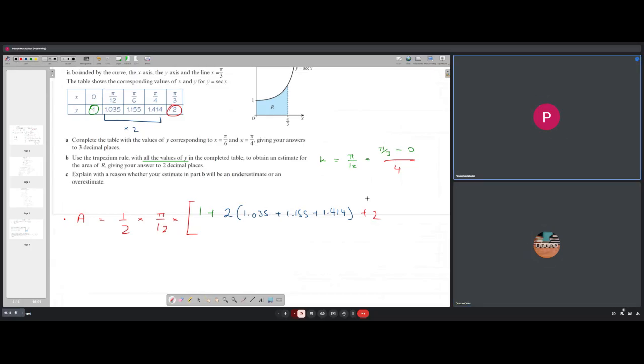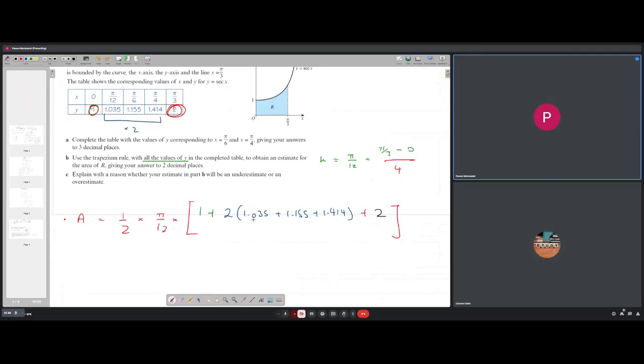Does that make sense? So when you do the trapezium, you just have to remember, as a rule of thumb, you add the first value and the last value together, and then you add all of the middle values times by 2. But actually only times the middle values by 2. You can say the first value, add 2 times everything in between, and then add the last value.